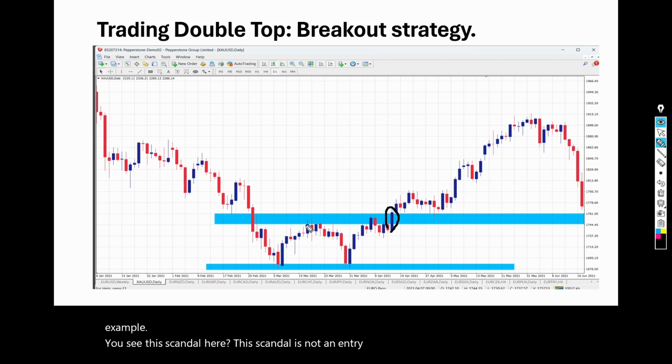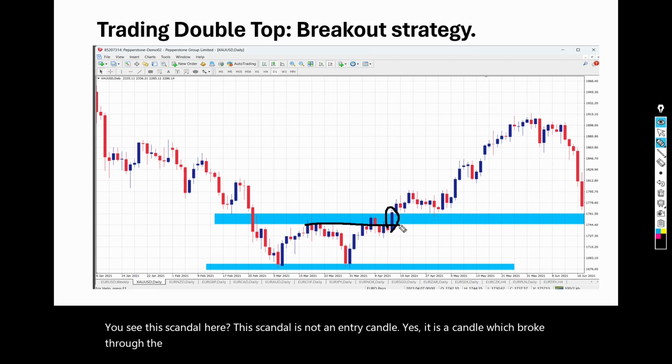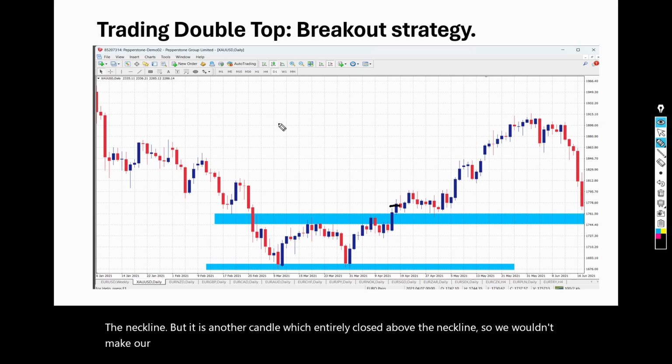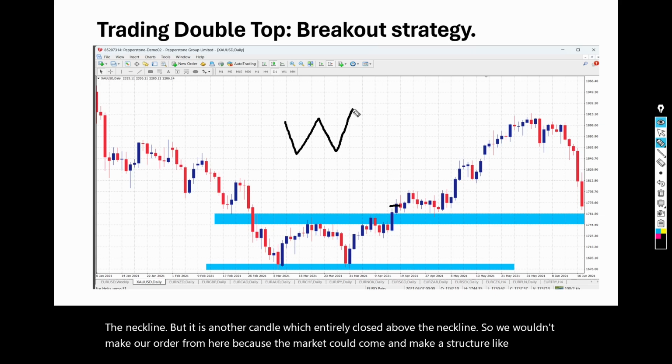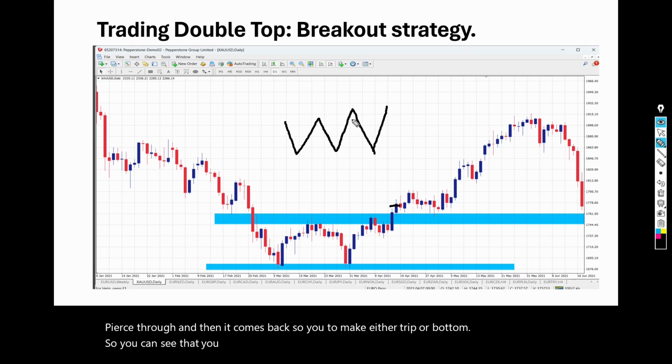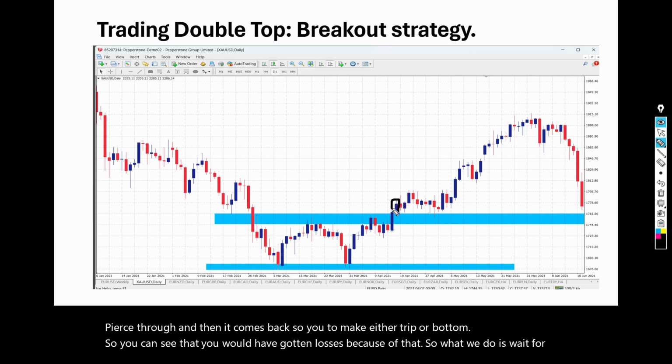Yes, it is a candle which broke through the structure, the neckline, but it is another candle which entirely closed above the neckline. So we wouldn't make our order from here, because the market could come and make a structure like this, try to pierce through, and then come back. So you could make either a triple bottom, and you can see that you would have gotten losses because of that. So what we do is wait for a candle to close entirely above that level.